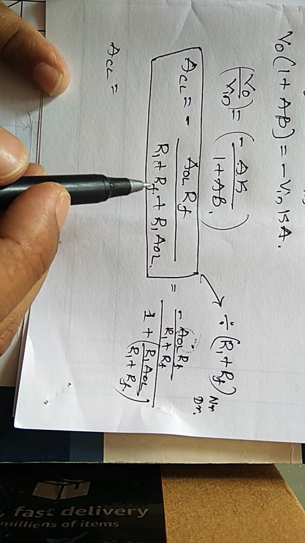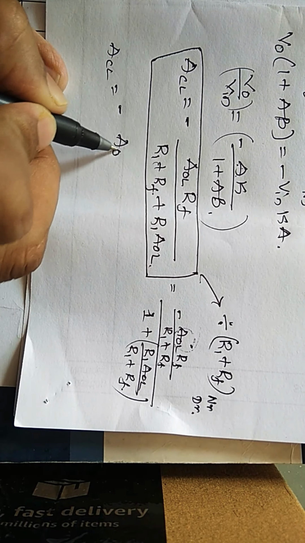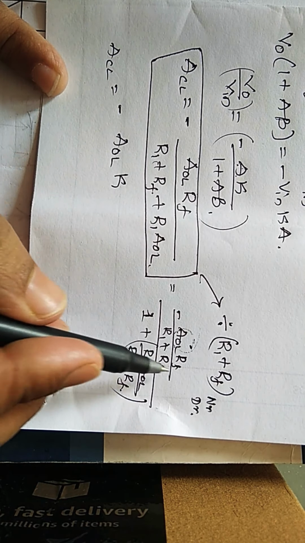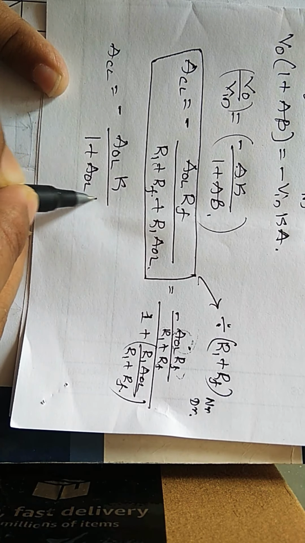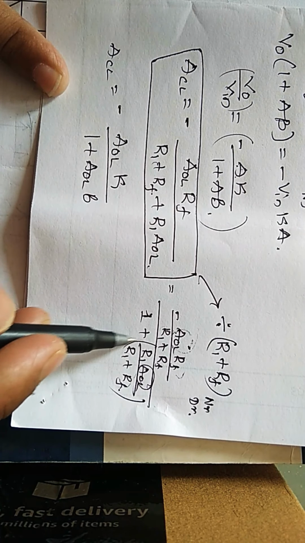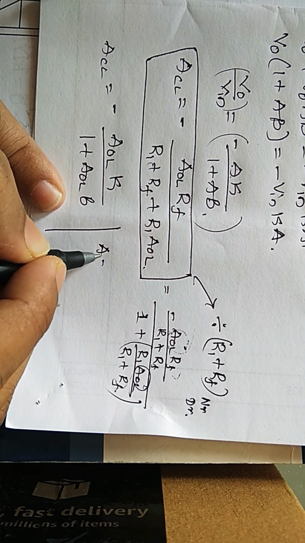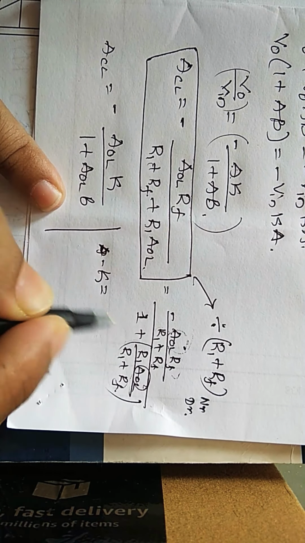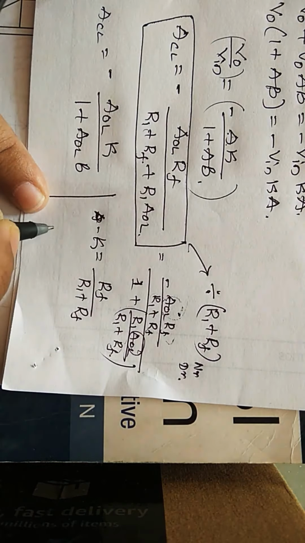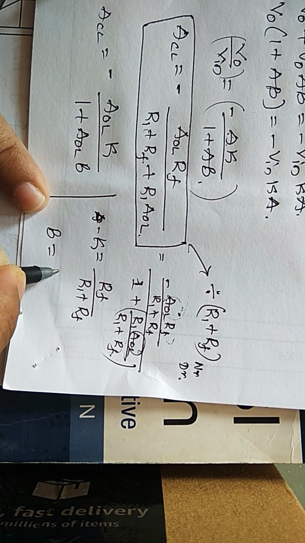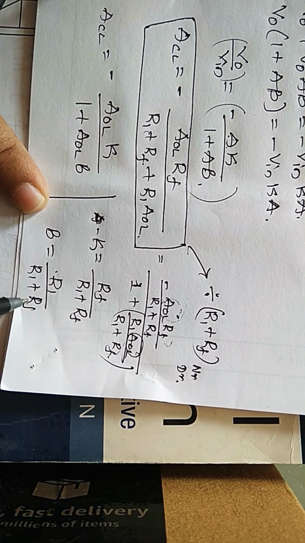So ACL is treated as minus AOL into K, the attenuation factor, divided by 1 plus AOL into B. So let me define those values. AOL is your open loop gain, and K equals RF by R1 plus RF, and next B equals R1 divided by R1 plus RF. That is your feedback network.